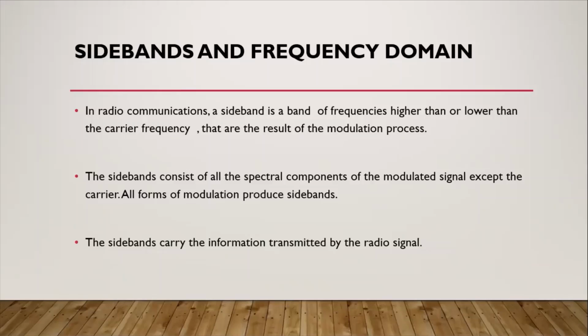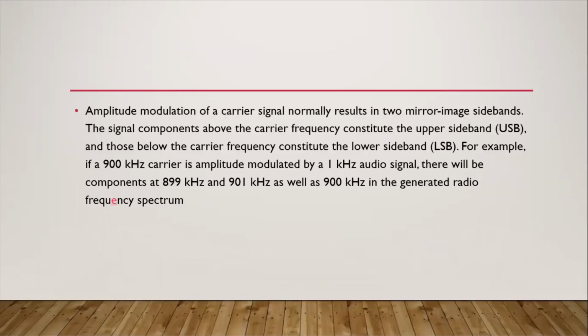Okay, lahat ng modulation, kahit mga frequency modulation yan, or phase modulation is nagkakameron pa rin ng sideband or it will produce a sideband. Then the sideband carry the information transmitted by the radio signal. Okay, since nagkameron na ng modulation is magkakameron na ng sideband, mismo itong sideband, the sideband carry the information transmitted by the radio signal. Okay, next.